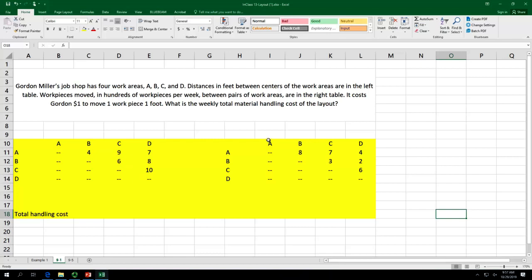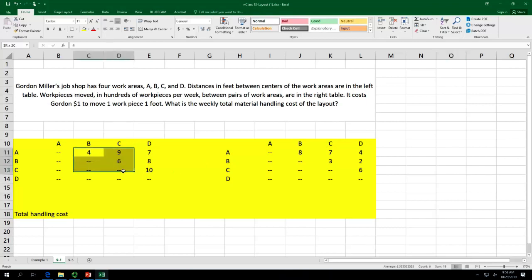The work pieces moved, in hundreds of work pieces per week between pairs of the work areas, are in the right table. It costs $1 to move 1 piece 1 foot. What is the weekly total material handling cost for this layout?